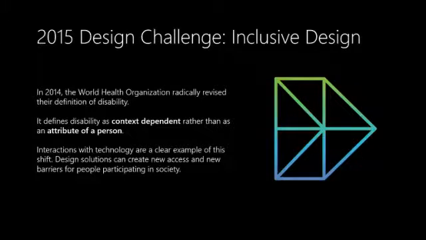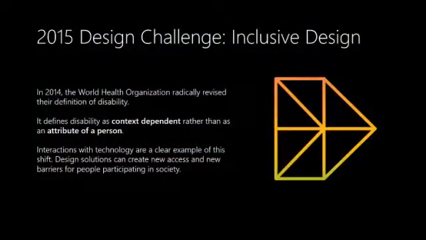So we asked the students to look at a spectrum from permanent disability to temporary to situational. An example of permanent would be somebody who has amputated their arm, to a temporary case, which is a new parent who has to do everything one-handed because they're holding a baby in the other hand, to situational, when you have, for instance, a broken arm, or when you're carrying groceries outside the store.